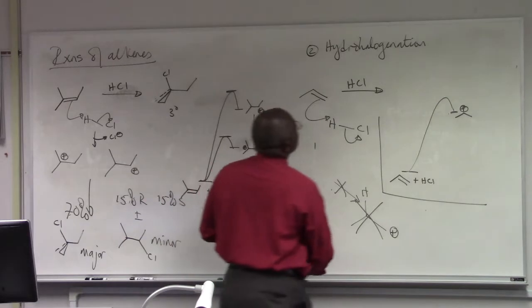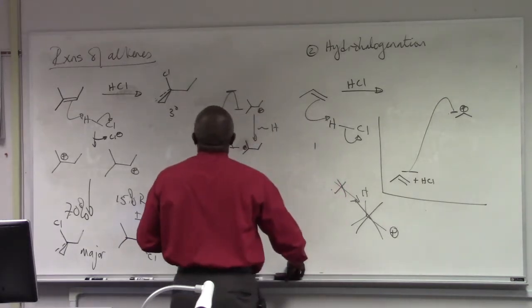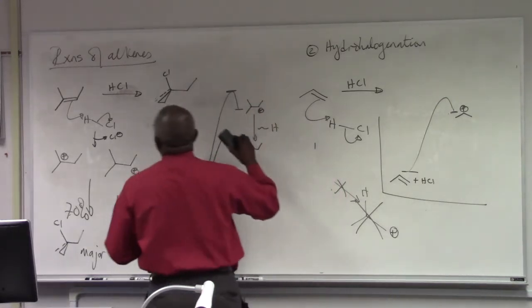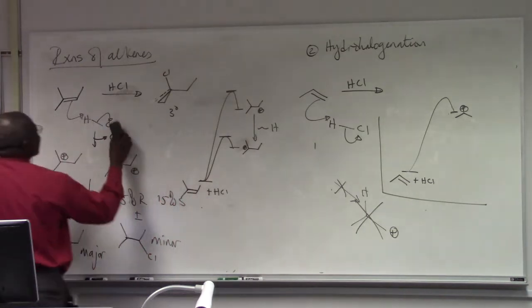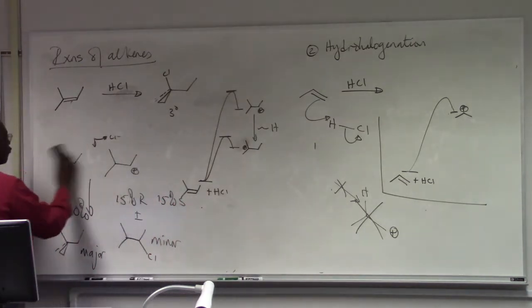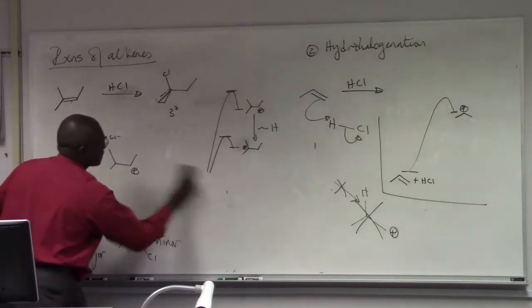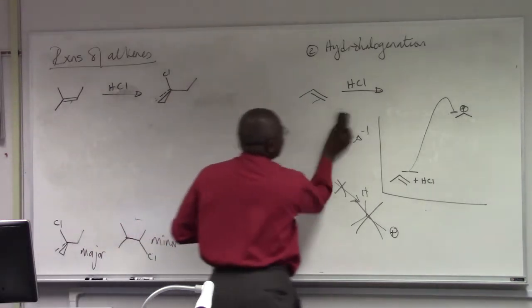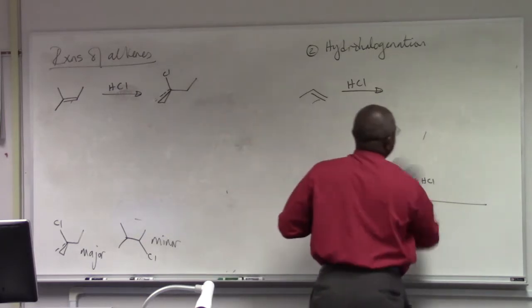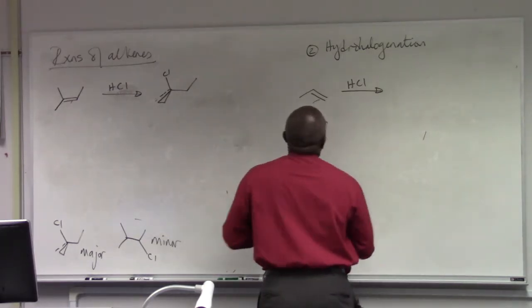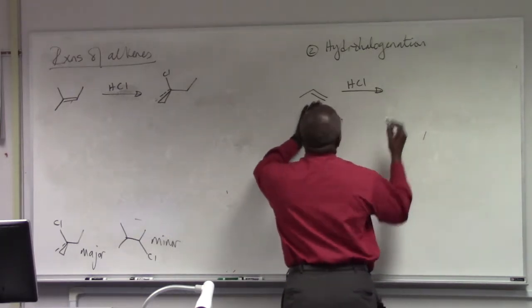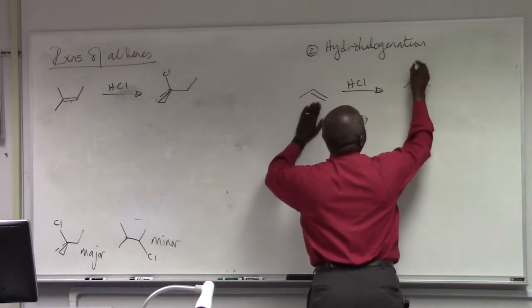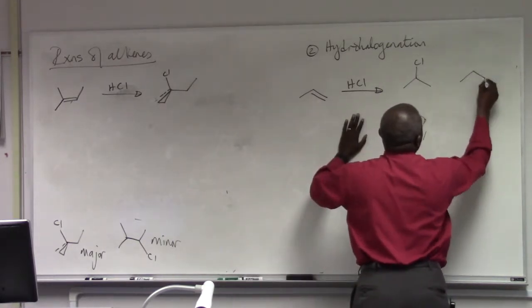So that's hydrohalogenation. Now, let's go back and look at these reactions from a less rigorous fashion and see if there is a trend that is observed. So if I start with propene, I get this compound. This one is not observed.